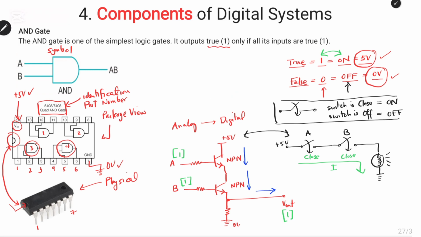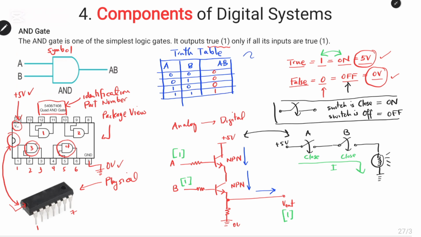I will now draw the truth table that will represent this operation. This is the truth table that represents the operation of this particular AND gate. We see that the output will be 1 only when both input A and input B are 1. For other combinations, it will be low.